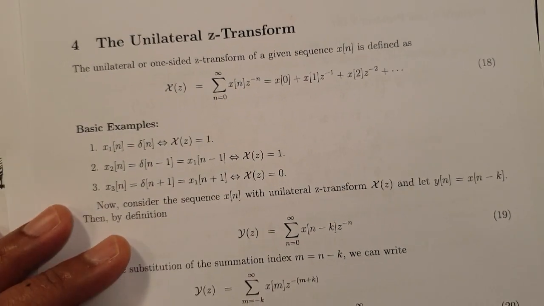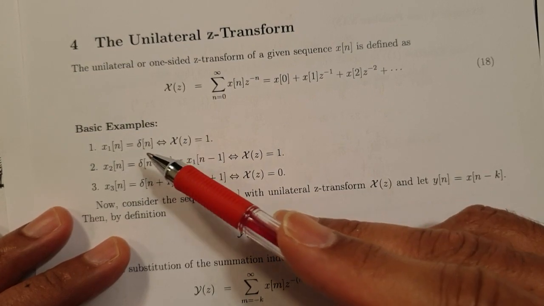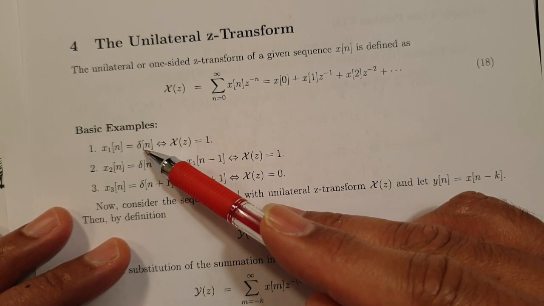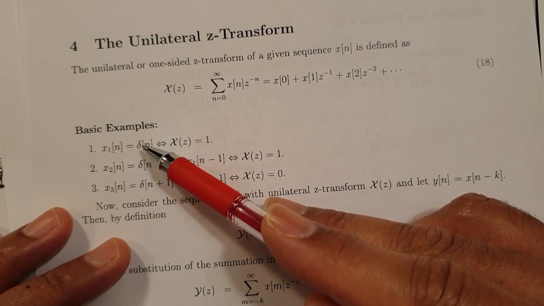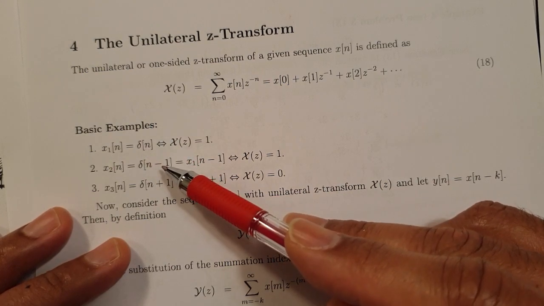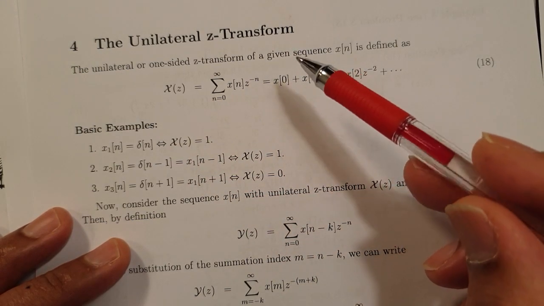So for example, if I want to calculate the unilateral z transform of delta of n, I know that this is a unit sample at 0, so that's okay. It's 1, as you can see.